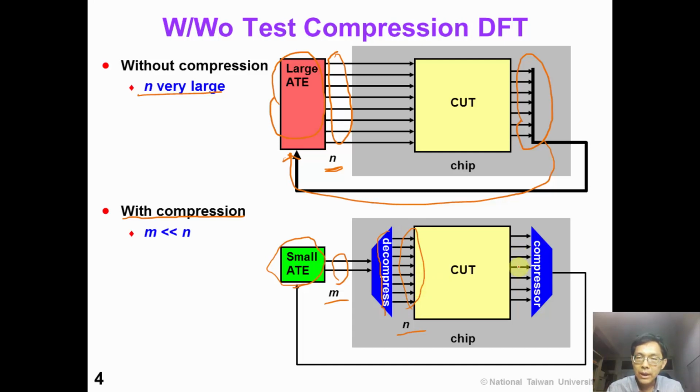On the output side, we have an on-chip compressor which compresses the CUT response and sends it back to the ATE. Because M is much smaller than N, we can save a lot of cost in ATE and CUT communication.